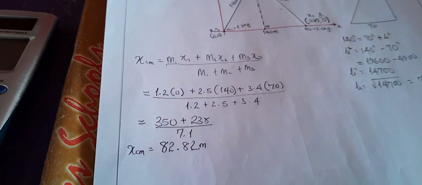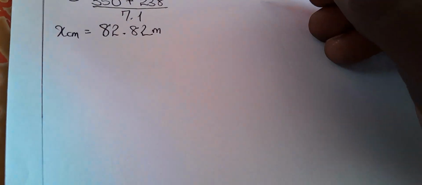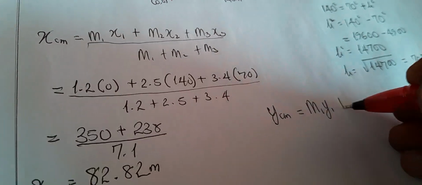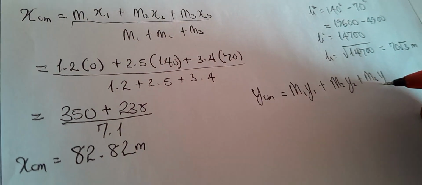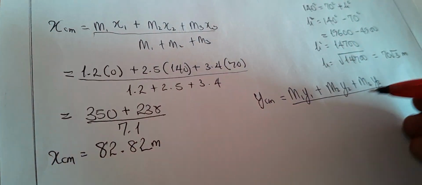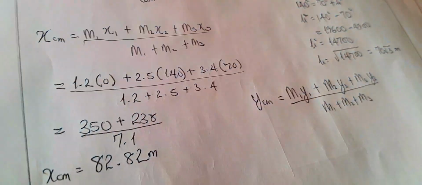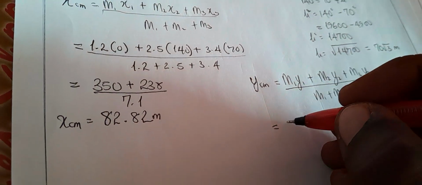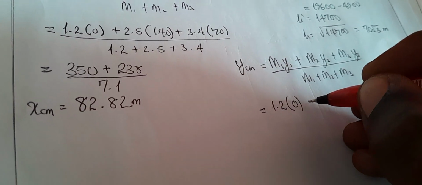Okay, let's calculate that for y. The formula is ycm equals m1 y1 plus m2 y2 plus m3 y3, over m1 plus m2 plus m3. So we simplify by substituting the values. M1 is 1.2, and the position of M1 for Y is 0.